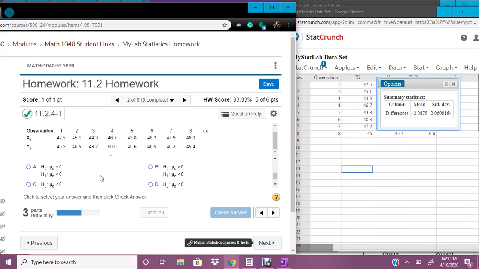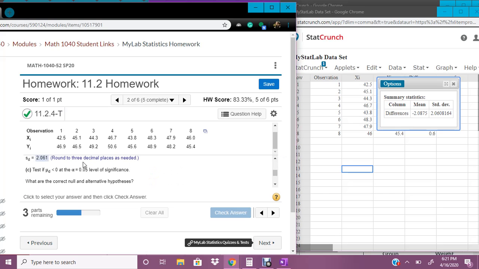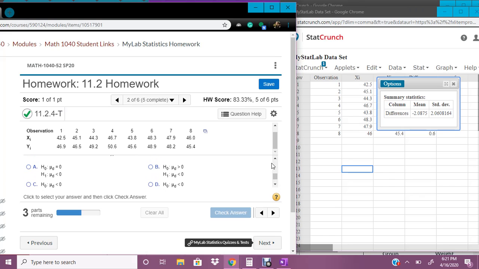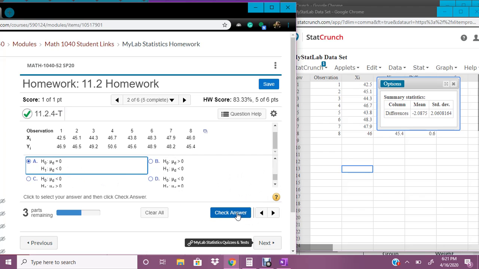And so just like in the last one, we're saying our null hypothesis is that these are both the same and that there's no difference between them. And then we're trying to find if there is a difference. And so we're testing if the mean difference is less than 0. And so our null hypothesis is the equal to and the less than, this right here.